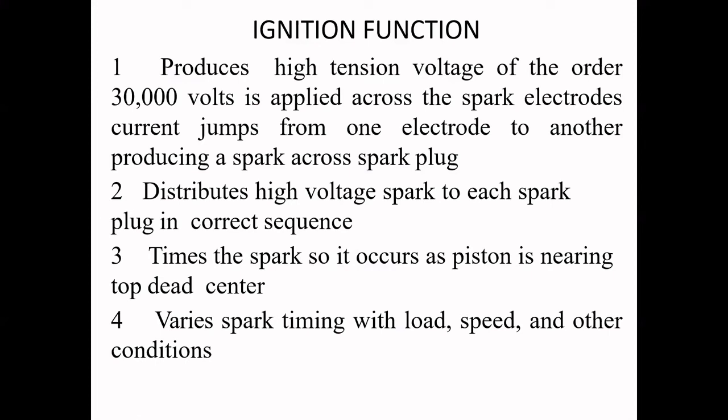The high tension voltage generated by the induction coil, which we are going to discuss, makes current jump from one electrode to another, producing the spark across the spark gap of the spark plug.